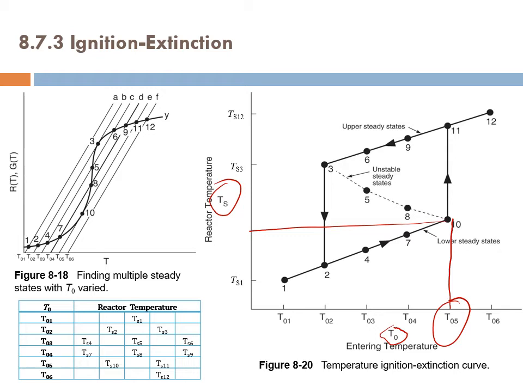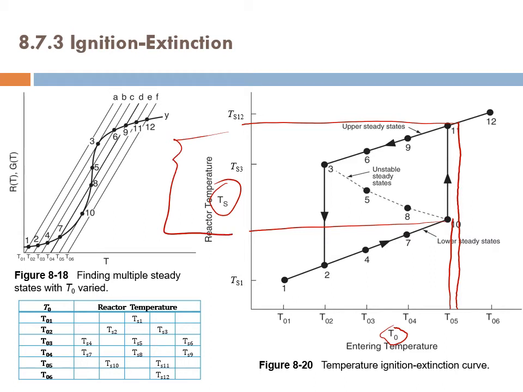Okay, let's see now what happens. Now that I'm at T05, I would increase the feed temperature slightly, just slightly. And guess what? Do we have also just a slight increase in the steady state temperature, or is it a huge jump in temperature?